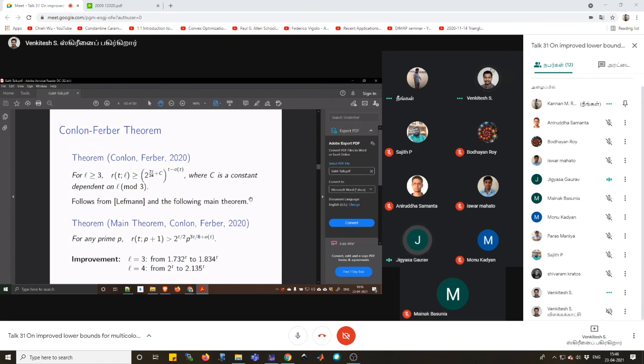You have said that Ramsey of t, L is greater than or equal to this quantity. Is this true for any L, or is this true for L of the form some prime number plus 1? No, that's what I said. They basically prove this for prime number plus 1. That's the main theorem, the statement that I have below.